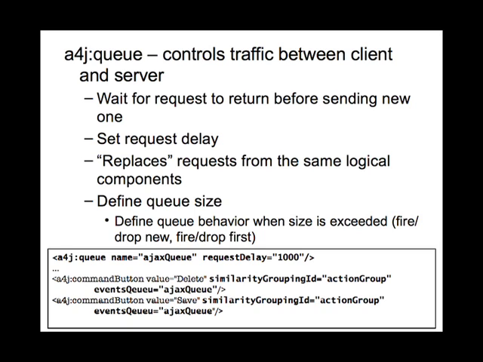Okay, similar, and you can actually put a number of components into the same group of components. Okay, which means that if you have 3 buttons and they're all in the same logical group, and you click 1, 2, 3, only the last one will be sent because they're in the same logical group. Okay, so lots of options.